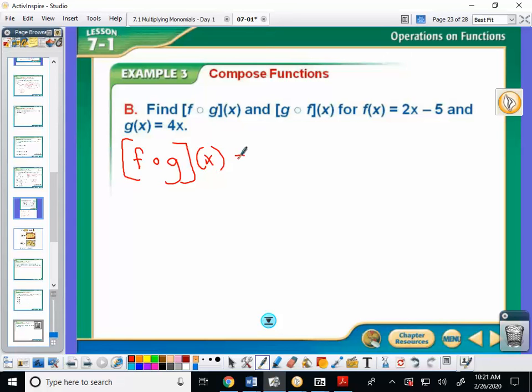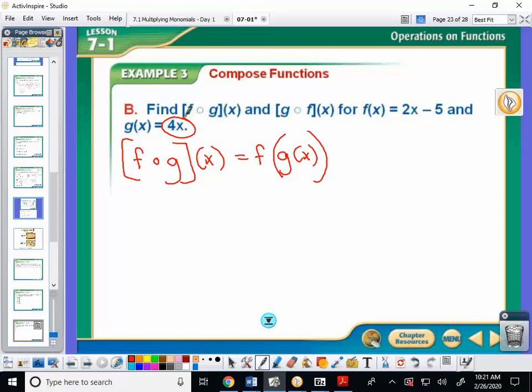Remember, this means I'm going to take my g function and put that g function into the f function. We're working inside out. Our g function is 4x. Please circle 4x.